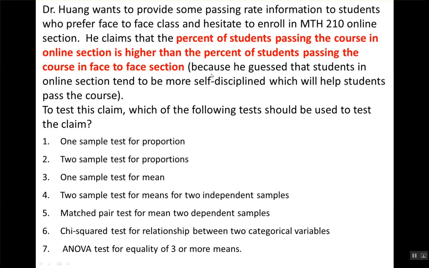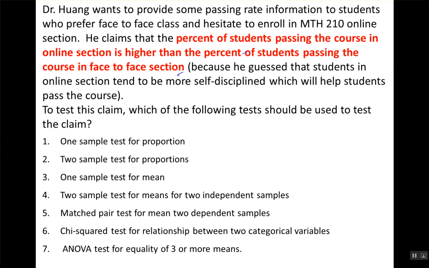Here, just to provide you a little intuitive reason, he guessed that students in online section tend to be more self-disciplined, which will help students pass the course. Now, by reading the claim carefully, we do see that there's a comparison right here.